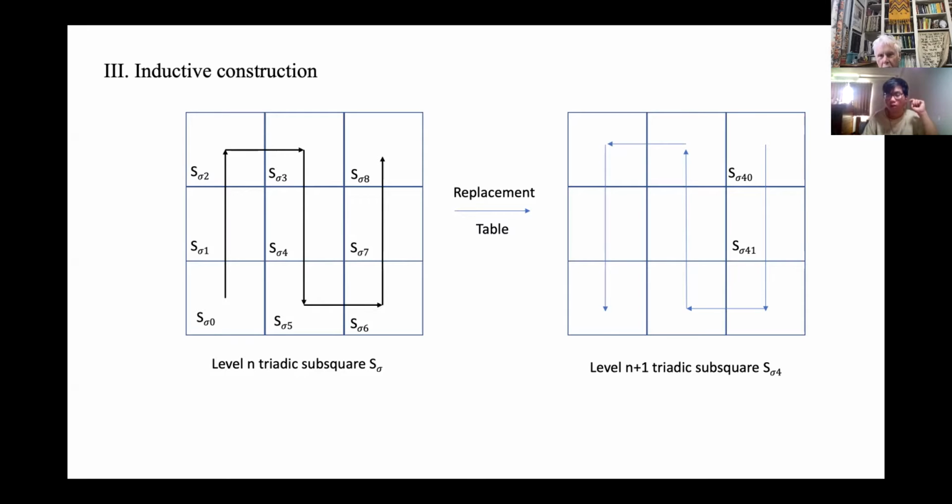Oh, then your right-hand square should be the sigma 4 square. It should be the exact same size as the sigma 4 square. Oh, otherwise, you mean the size is smaller? Yeah, the size of sigma 4 on the right. If you start with the one on the left, that's fine.